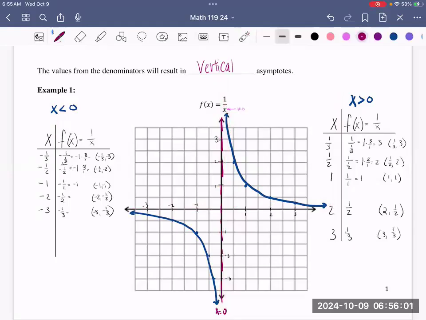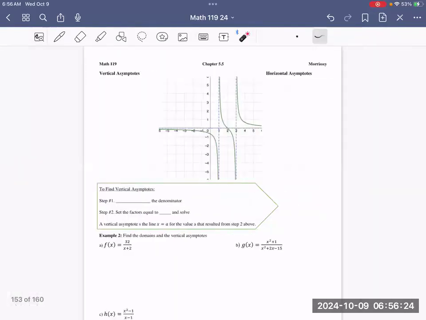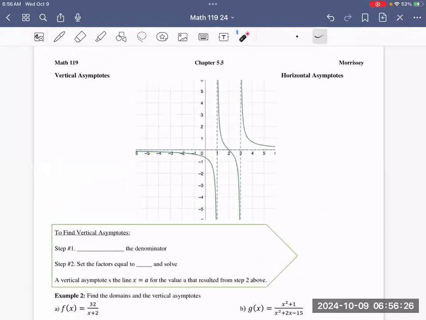Same idea if we have a horizontal asymptote, where we have y is equal to 0. Now we're going to learn how to get horizontal asymptotes. But for your vertical asymptotes, we're primarily looking at your denominator. So let's round that home for here.